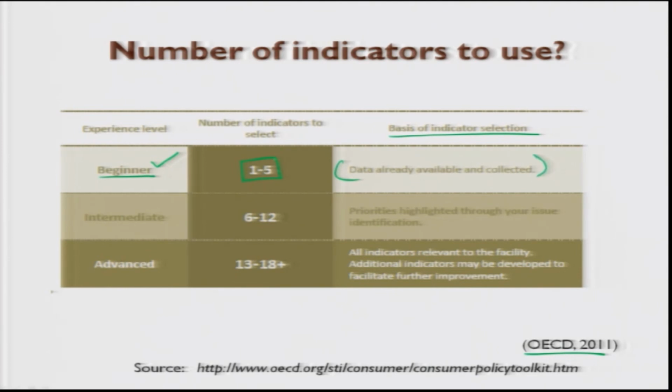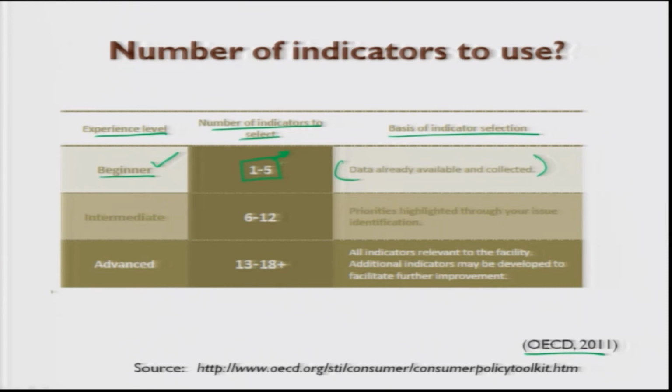So, just start with even a single indicator, and explore your intentions towards eco efficiency and societal benefits. Start with maybe 1 to 5.